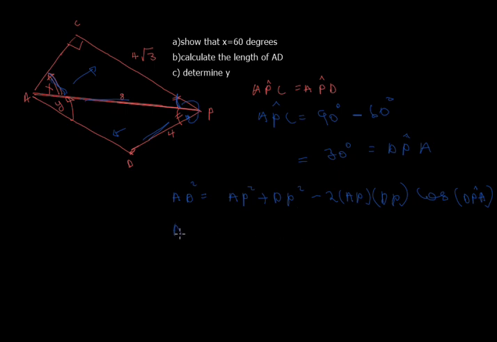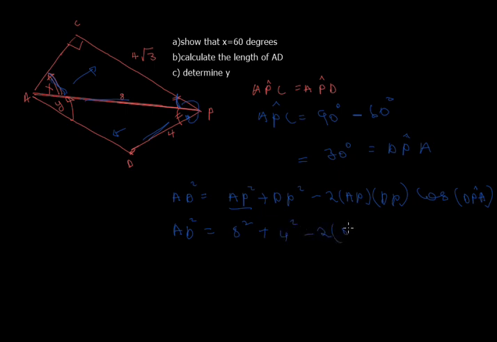So let's plug in whatever we have now. AP equals 8, and DP is 4.